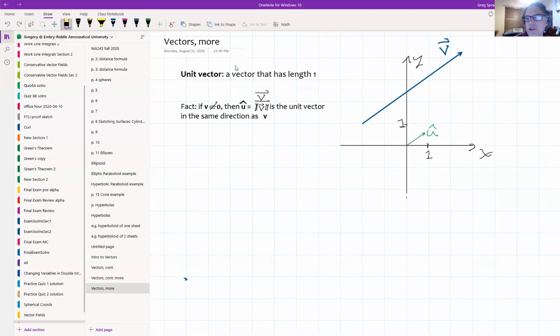Now, for example, if the vector has length 3 and you divide it by 3, you get a unit vector. Let me justify this. You can actually justify this if you believe everything I told you before.